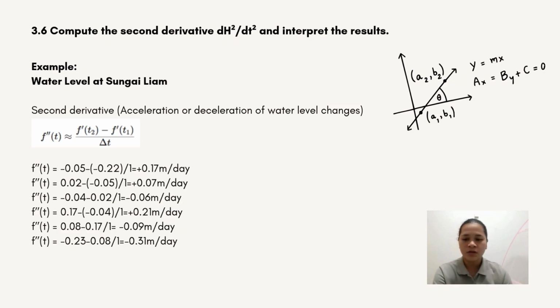Okay, after that we got the result of the second derivative calculation. And that's all. We need to repeat this calculation for each river's water level.